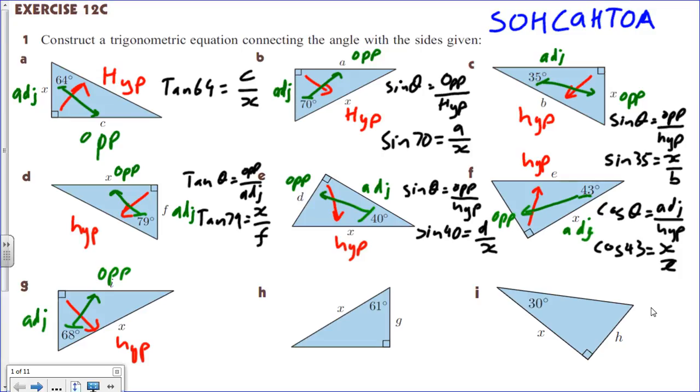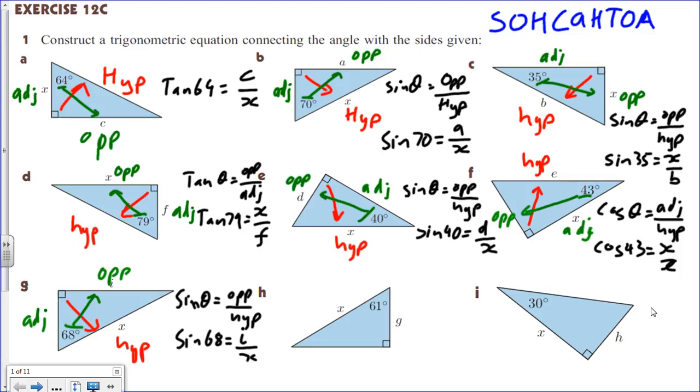Later on, you might get questions where you need to know all the different sides. So now we need to use which one it is. So this one we've got opposite over hypotenuse. So it's going to be sine theta equals opposite over hypotenuse. So it's going to be sine 68 equals I over x.